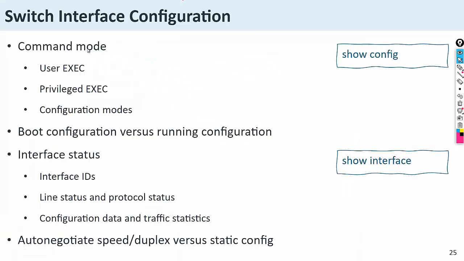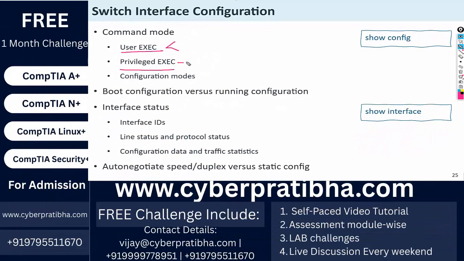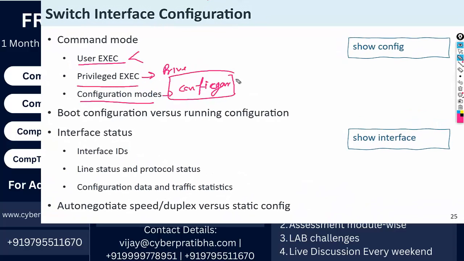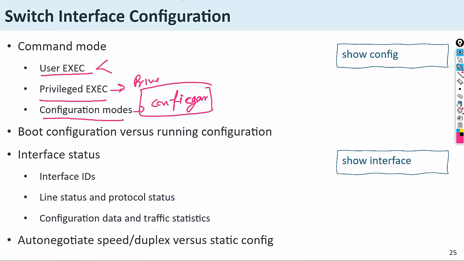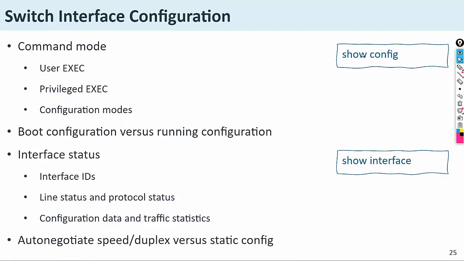Now there are three modes inside a switch. One mode is user execution, where the user can do only basic execution. Another is privileged mode, which any privileged user can use. Another is configuration mode, where configuration can be done on the switch or the router, both. So how can you access these three?